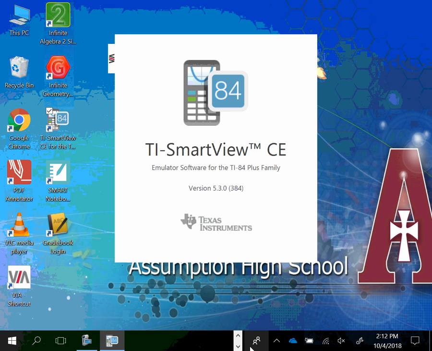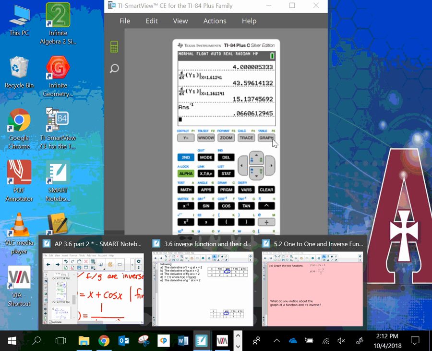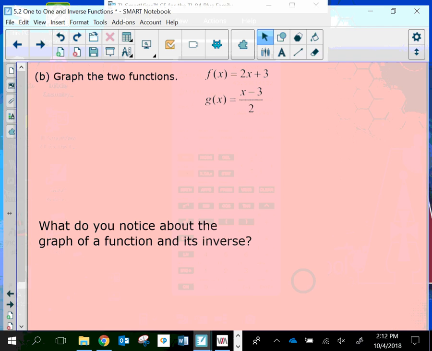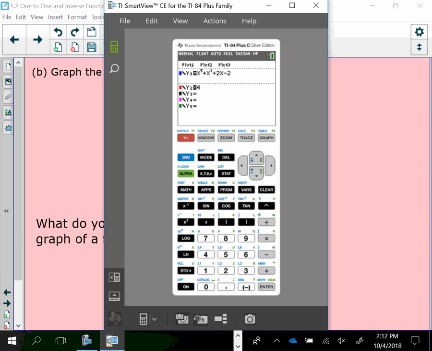We're going to put both those graphs on the y equals screen.